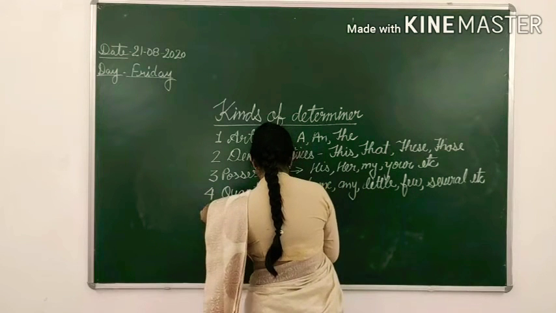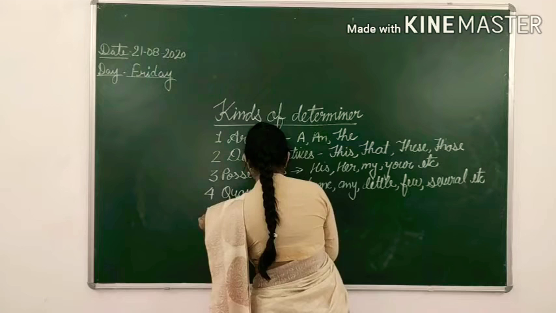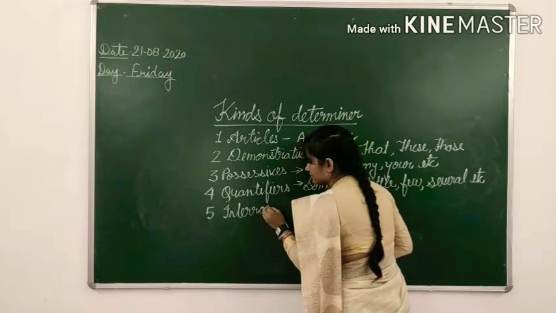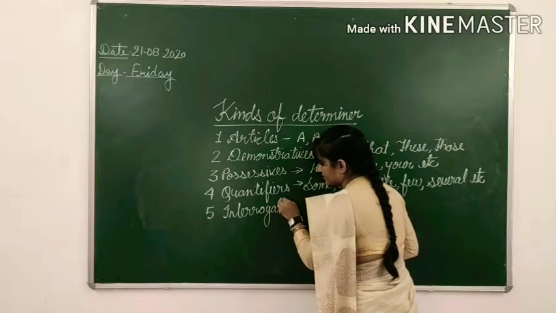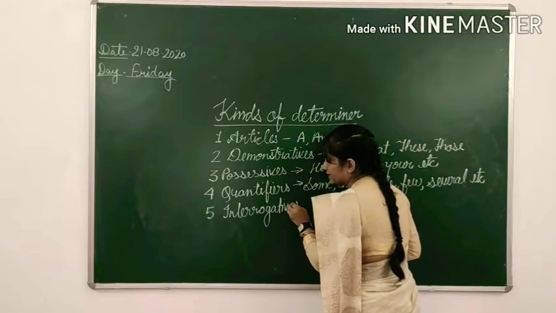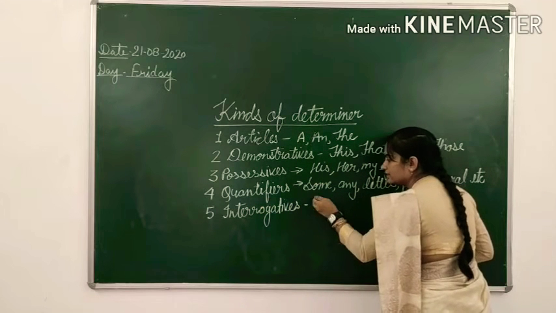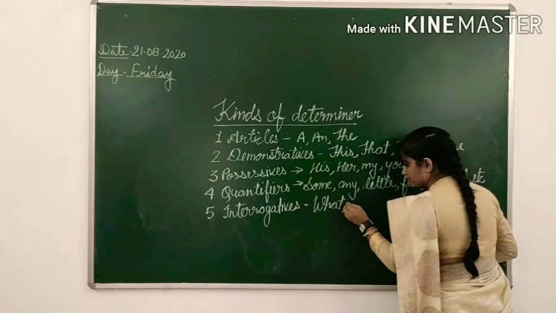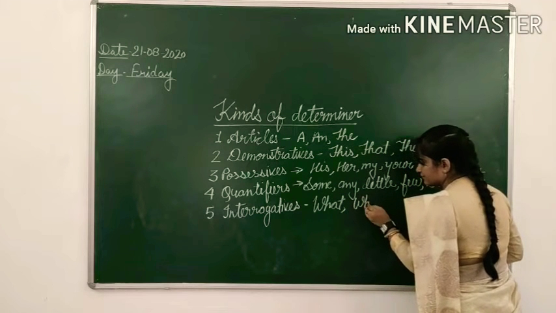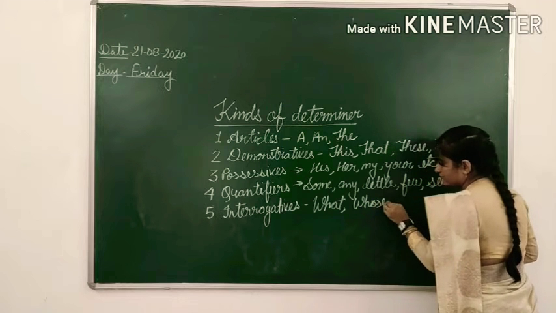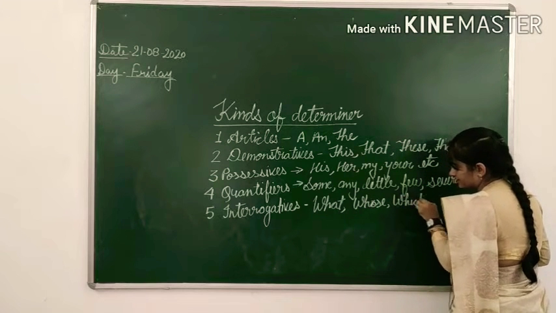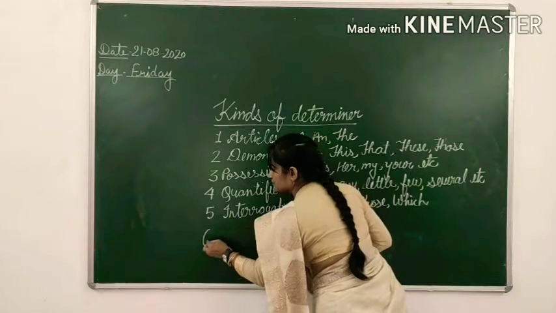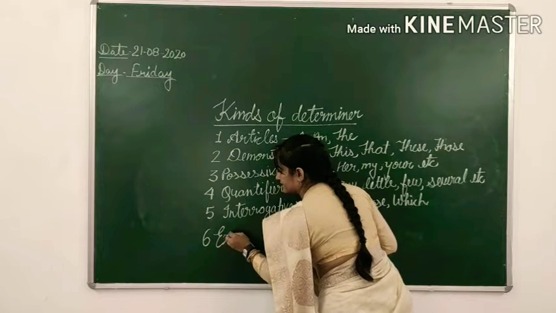Number 5 is interrogative. Interrogatives: what, whose, which are the examples of interrogative. Now last one is exclamatory.